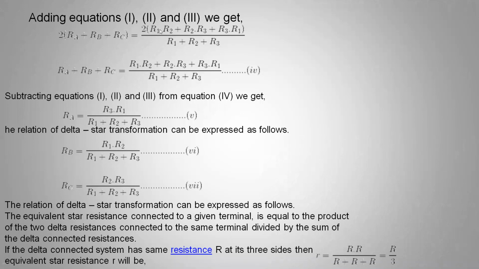Same in the delta connection also: 2 into R1 R2 plus 2 into R2 R3 plus 2 into R3 R1. Because of the common 2, cancel. RA plus RB plus RC is equal to R1 R2 plus R2 R3 plus R3 R1 by R1 plus R2 plus R3. All of you clear?